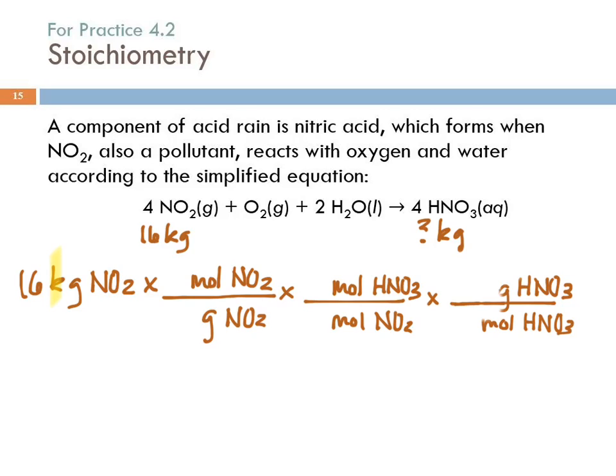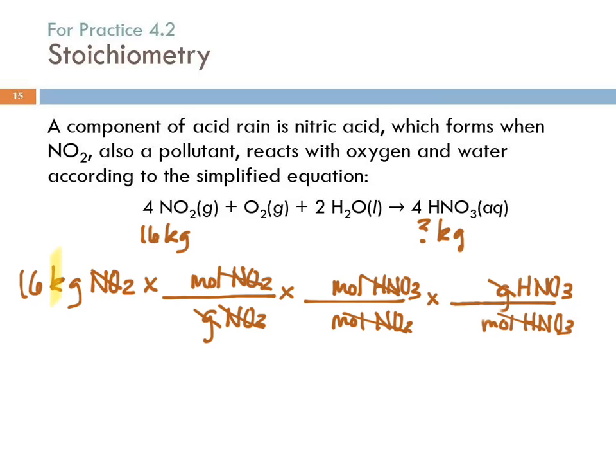What if I leave that as gram? How are those mass units going to work out now? Grams and grams are going to cancel, and the unit that's going to be left is kilograms, right? So that's going to be okay. So I've got moles of HNO3 canceling, moles of NO2 canceling. I've got the NO2 masses canceling there, but the gram is canceling up here, and I'm left with kilograms of HNO3.